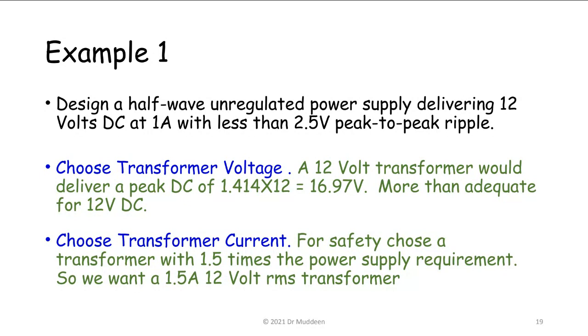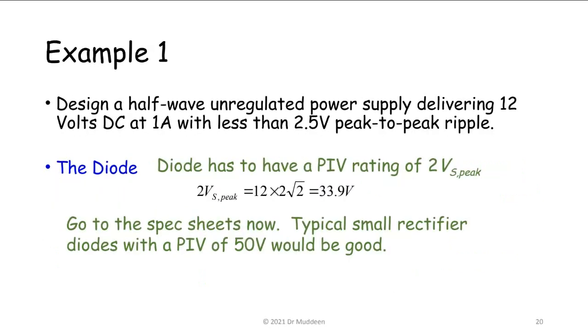The VA rating, of course, is the current times the voltage, just the product. If you know it's a 12 volt transformer, you have to work out the current yourself. So part one, you have to get a transformer, and this is a reasonably good way of getting it. Of course, there are different sizes and shapes of transformers that will do exactly the same thing. We won't get to that now, but we'll talk about it in time to come.